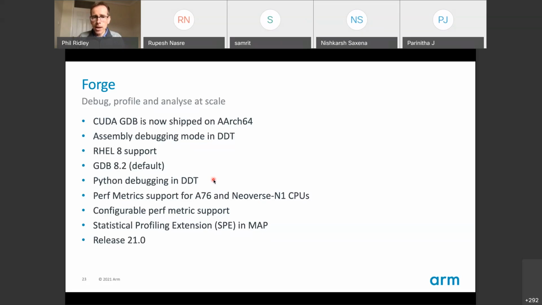Recently, we've added a new feature called Statistical Profiling Extension that enables you to look at performance of certain counters on ARM. And we're currently at release number 21, which was released yesterday. So if you want to look at that, it's just out.